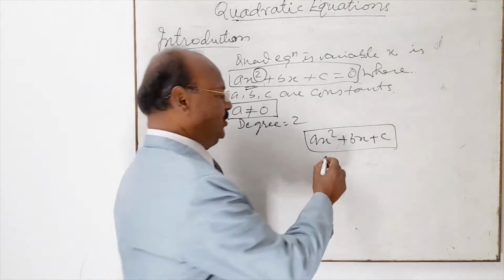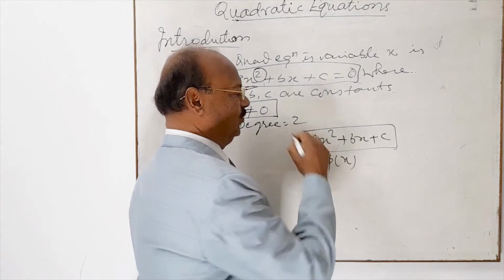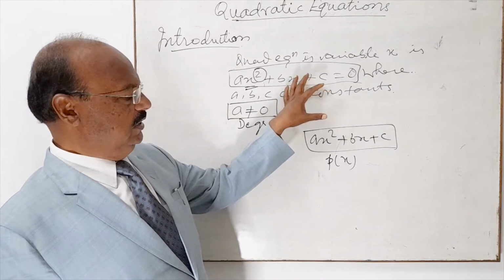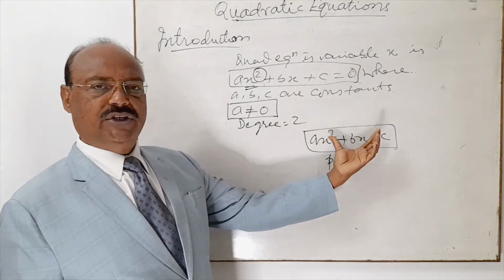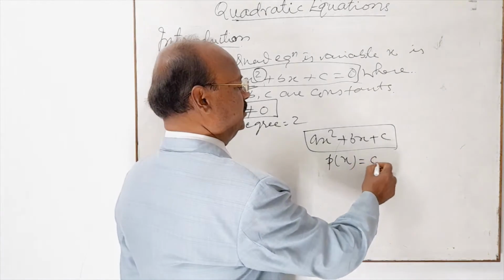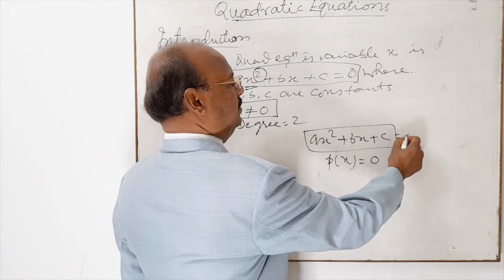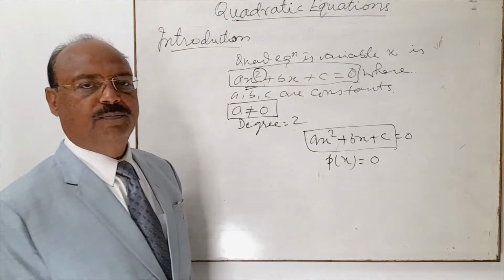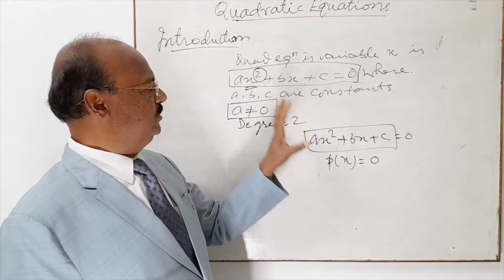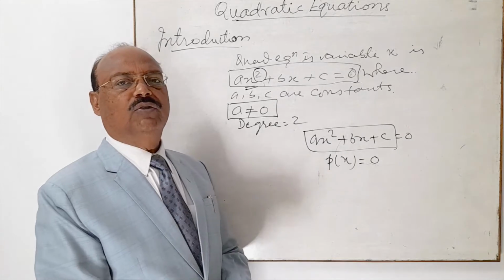Sometimes we represent it by, suppose, p(x). So if any quadratic polynomial is equated with 0, it becomes a quadratic equation. So this is all about introduction of quadratic equation.